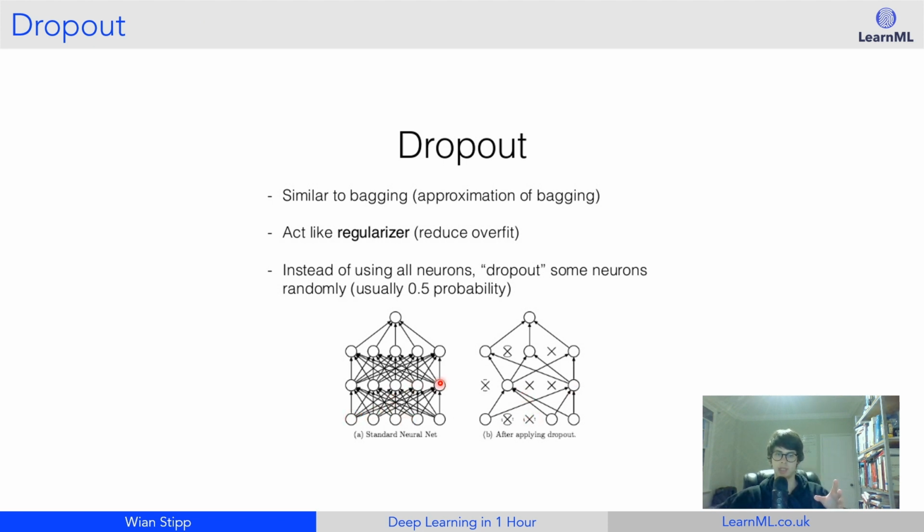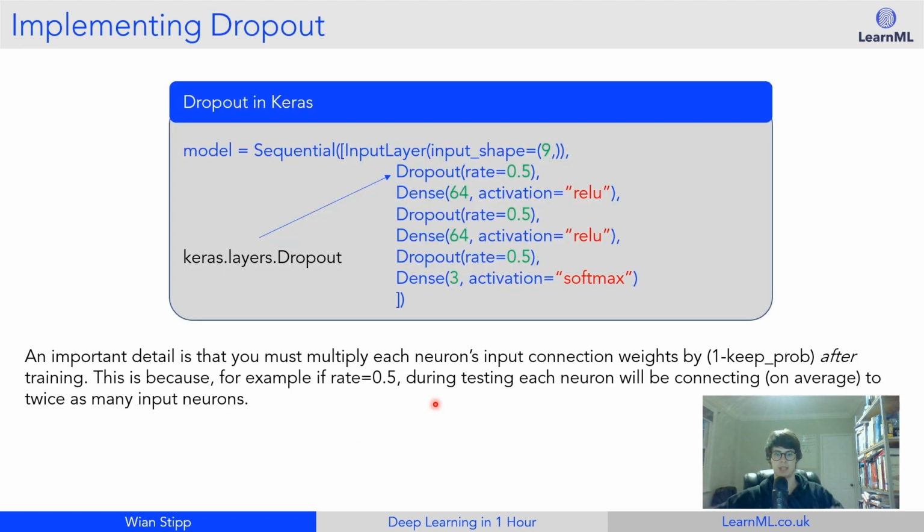So maybe all the information starts flowing in one specific path, but you want to make sure that your model is not doing this, because it's going to overfit in that case. That's the intuition. Also, you want to multiply each neuron's input connection by 1 minus the keep probability after training.